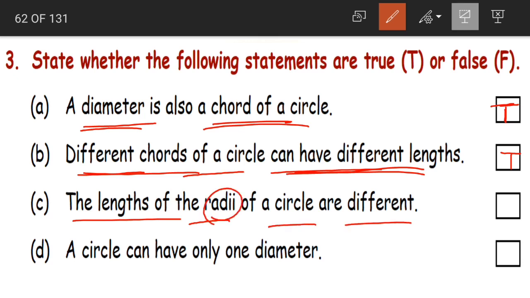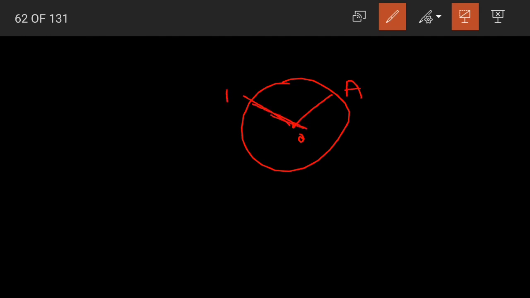Now, the lengths of radii of a circle are different. Radii is the plural of radius, children. This is a radius OA. Again, I have OB. OB is also a radius of our circle.